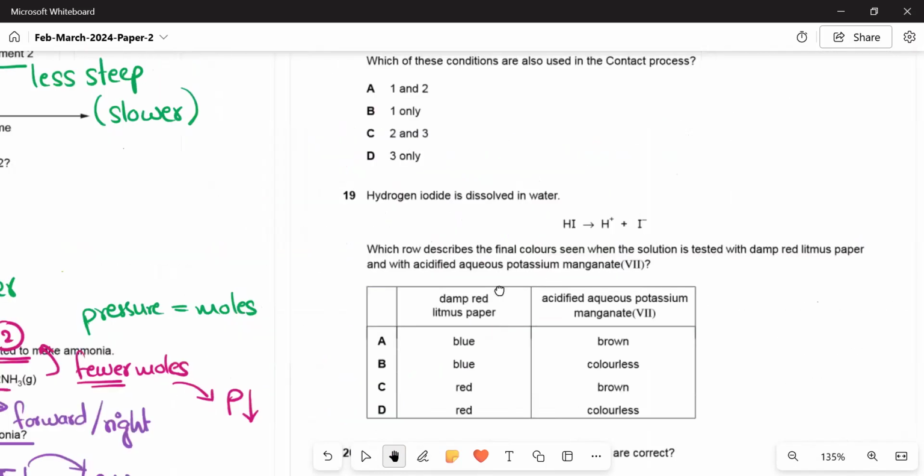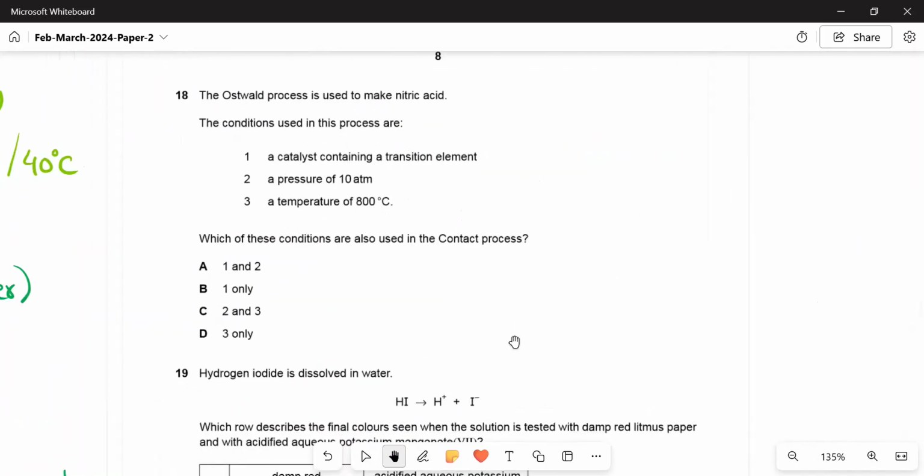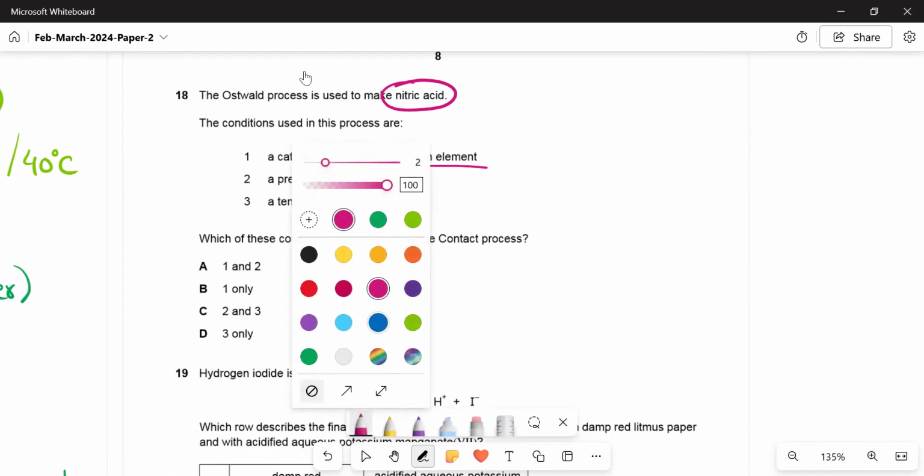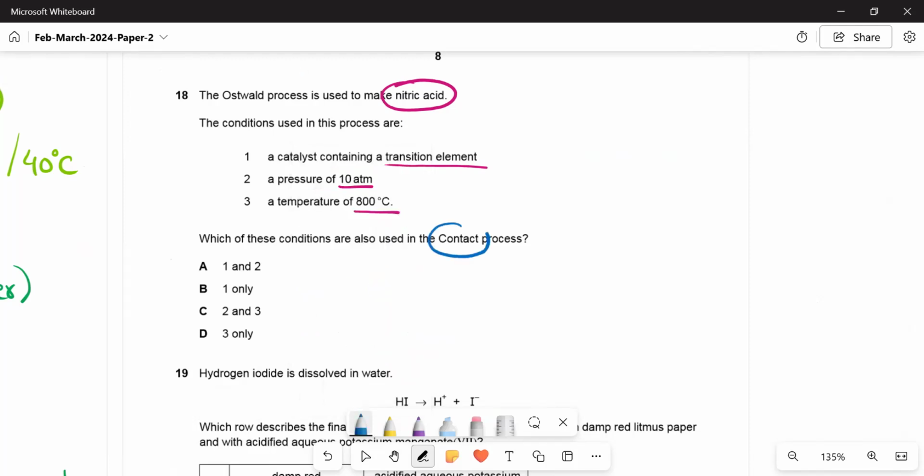Next question, number 18. The Ostwald process is used to make nitric acid. The conditions used in this process are: the catalyst contains a transition element, a pressure of 10 atm is used, and a temperature of 800 degrees Celsius is used. Which of these conditions are also used in the contact process? In the contact process, we make sulfuric acid.